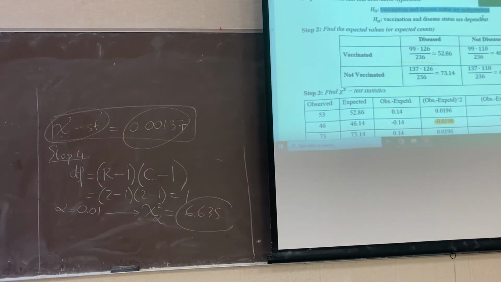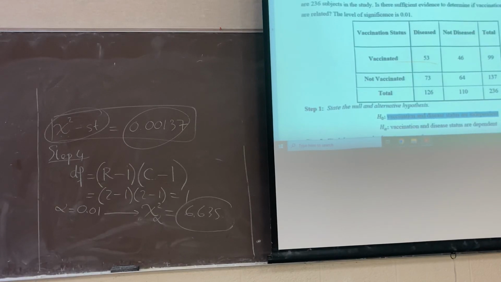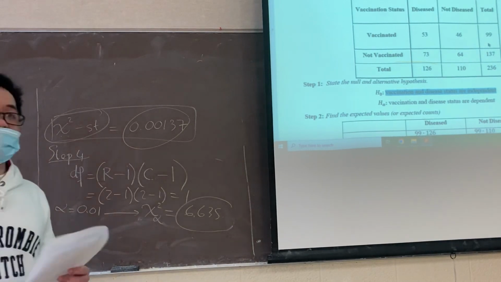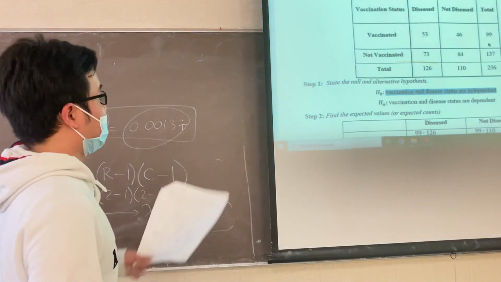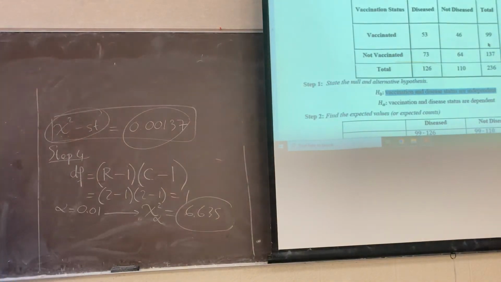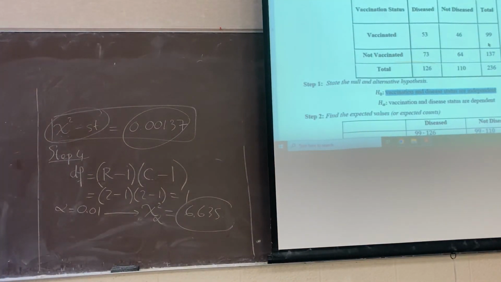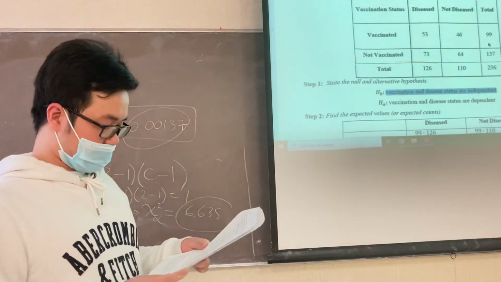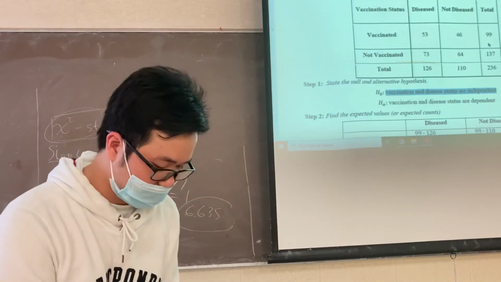Independent, okay. And the question here is whether there is sufficient evidence to determine if they are related. Okay, this depends on the question here. It's just the sentence, so when you understand the sentence, you can write down the answer. Thank you for your question.